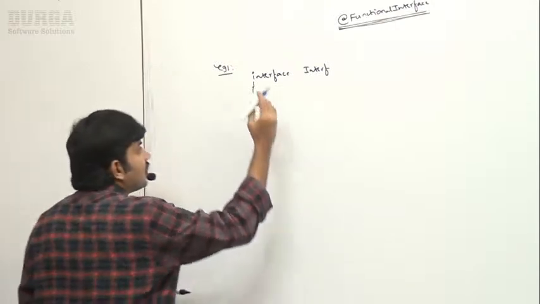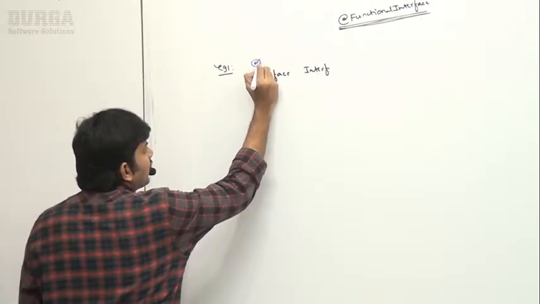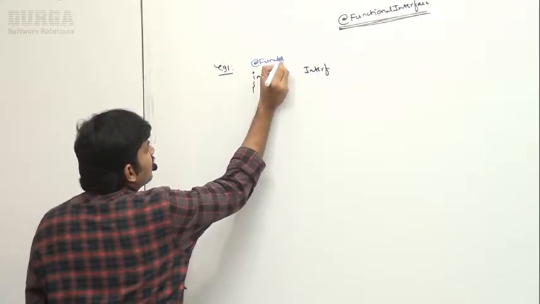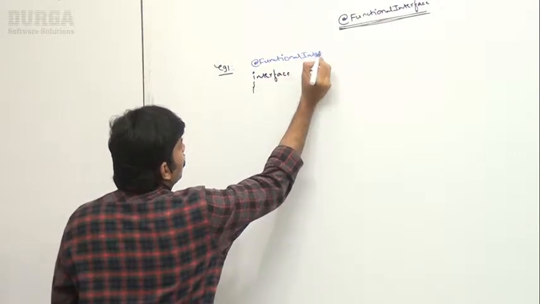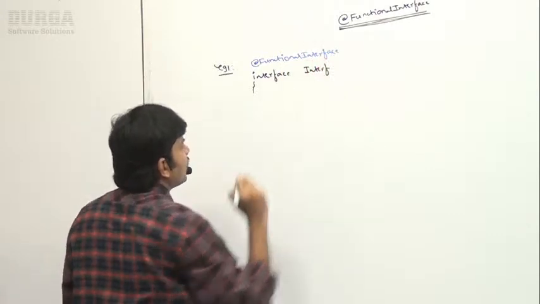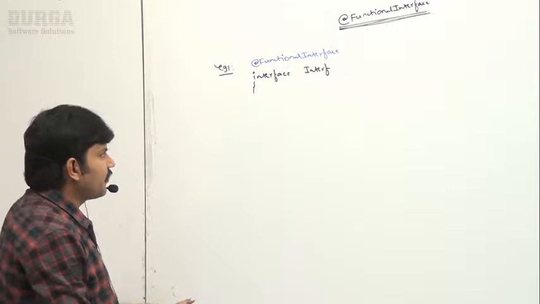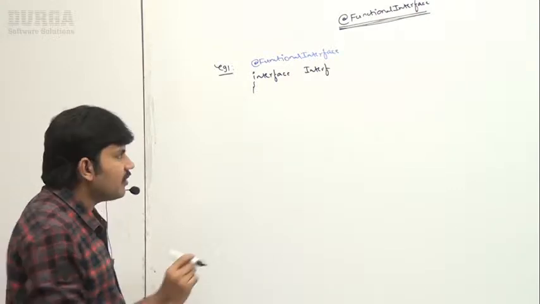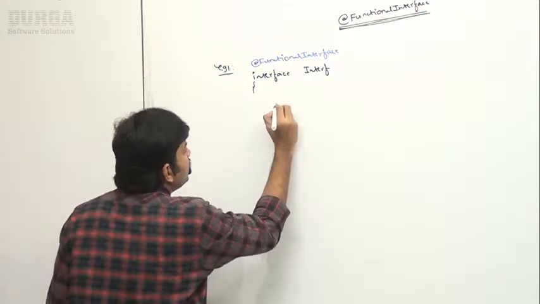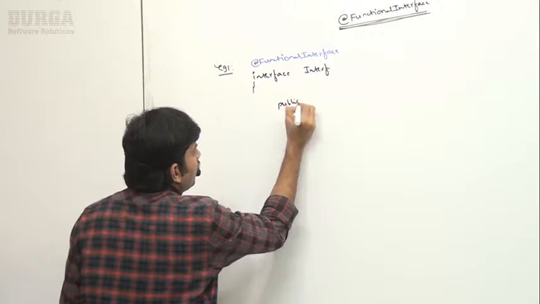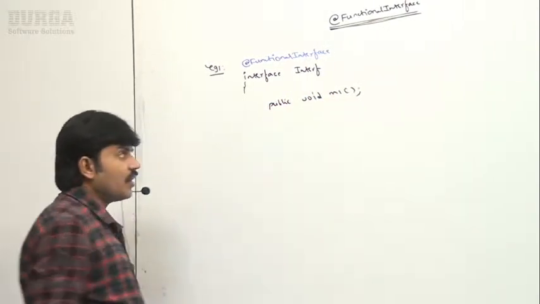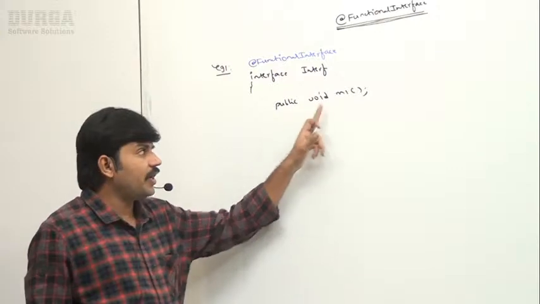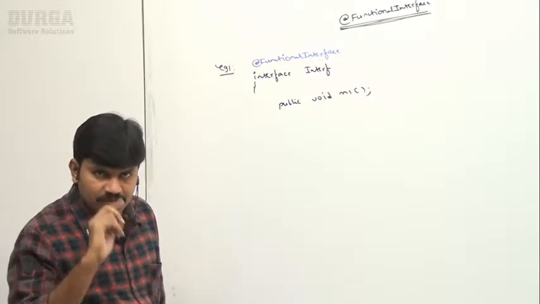What I'm taking here at the top, I declare it is functional. It is one functional interface. I declare explicitly it is the functional interface, right? Now within that interface, I'm taking public void m1. Are you getting what I declared, sir? Public void m1, a single abstract method.